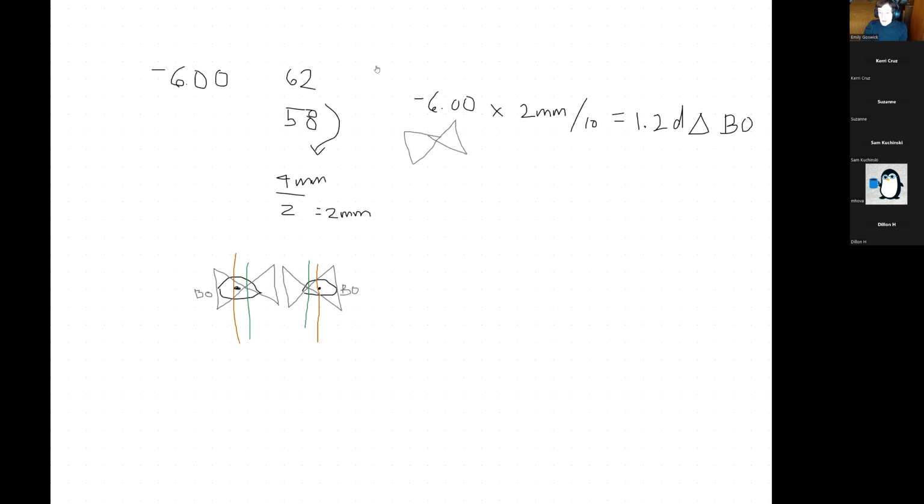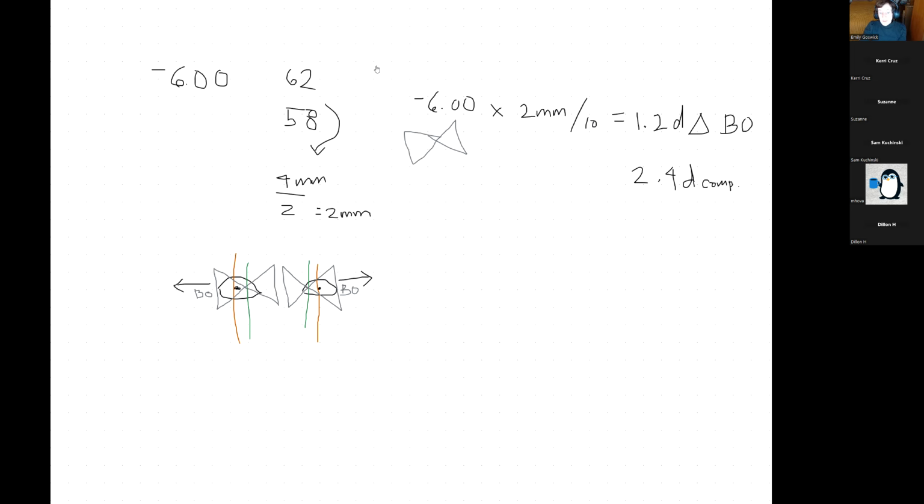It actually would then become 2.4 if you're putting together, because obviously 1.2 times 2, for both eyes, it would actually become 2.4 diopters of prism. And because the bases are going in opposite directions, right, that means that it's going to be compounding prism. Okay, so in this case, I'm just going to write comp.